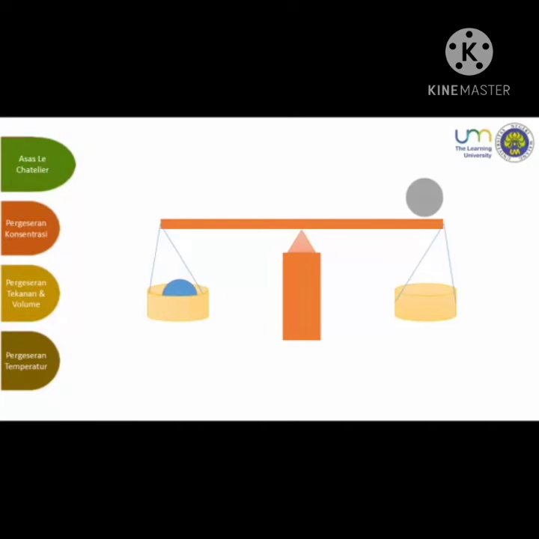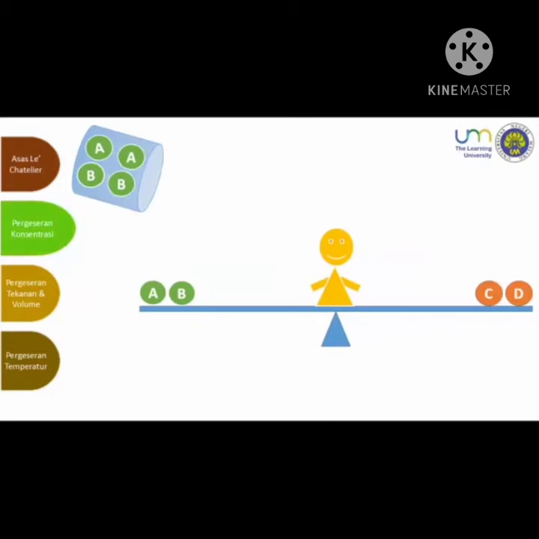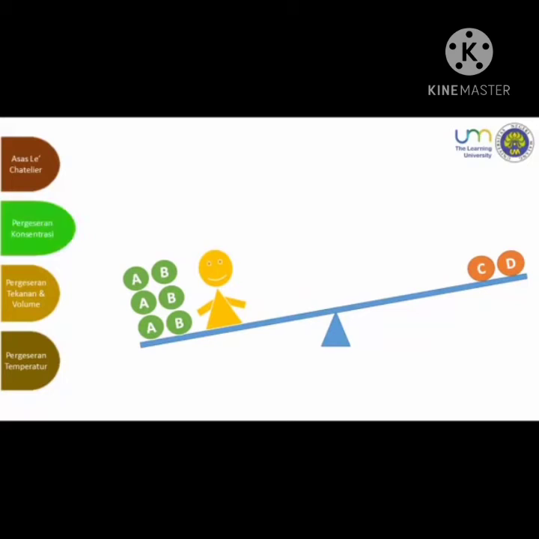The first is the effect of concentration. If in an equilibrium the amount of A and B is added, then the amount of reactant will increase. And to reduce it, the equilibrium will not be balanced, and to reduce it, C and D are formed.